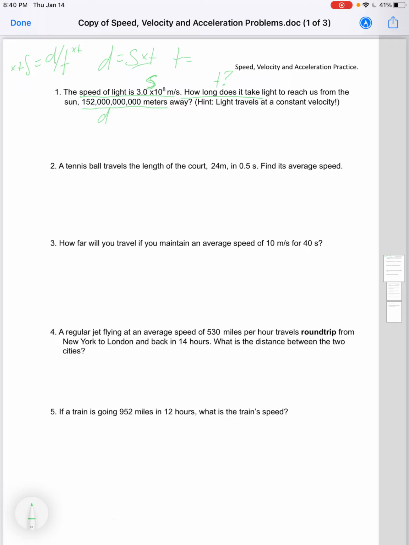And if I want to get time by itself, I divide speed on both sides, so time equals distance divided by speed. So when you're looking for time, you can take the speed equation, just switch the speed and the time around. Okay, so time equals distance divided by speed is what I'm going to use for this one.